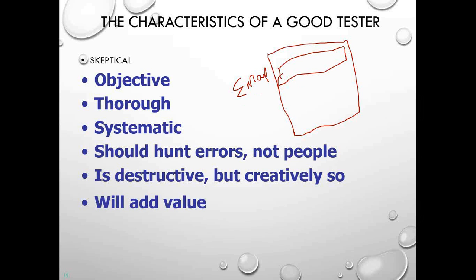Think about it. Why is it talking about destructive, that QA has to be destructive but in a creative way? How is it? This field has to accept only the email address.